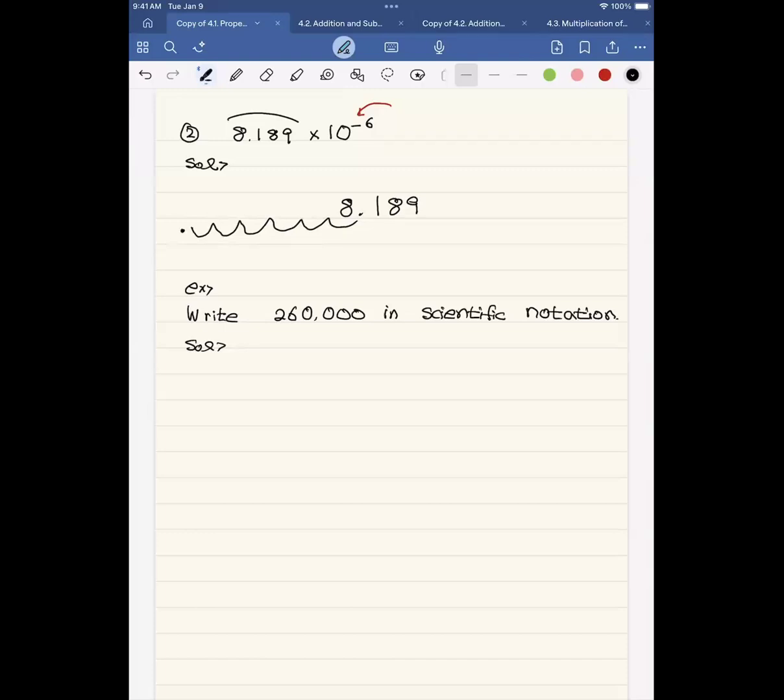Then write the dot here and put 0 in the remaining spots. So the final answer will become 0.000008189.